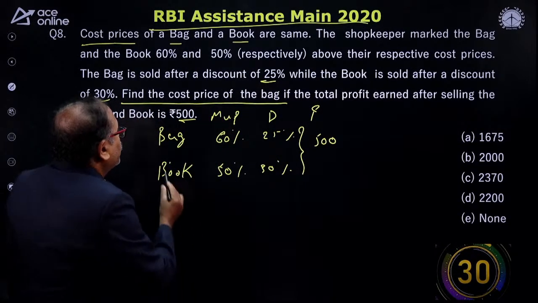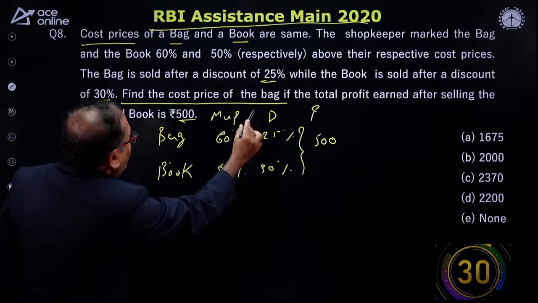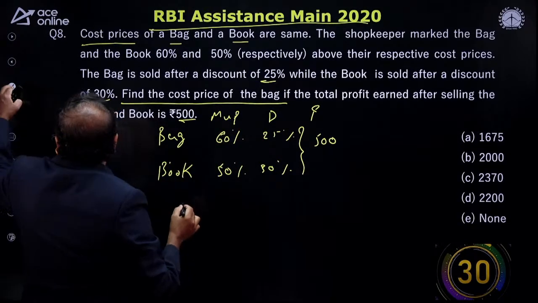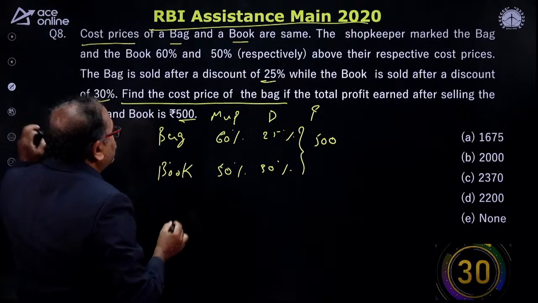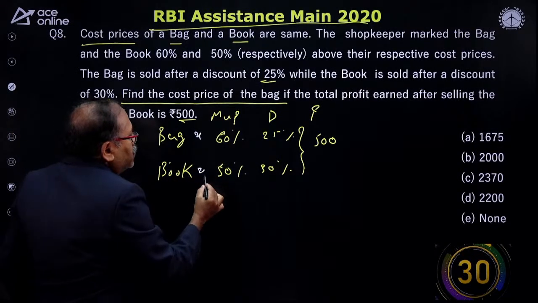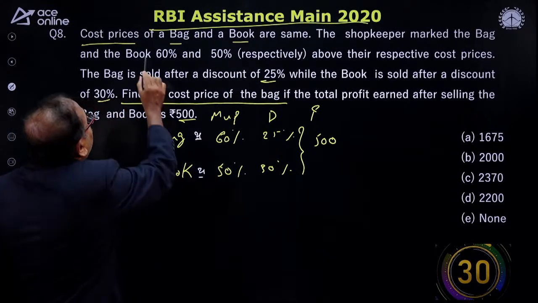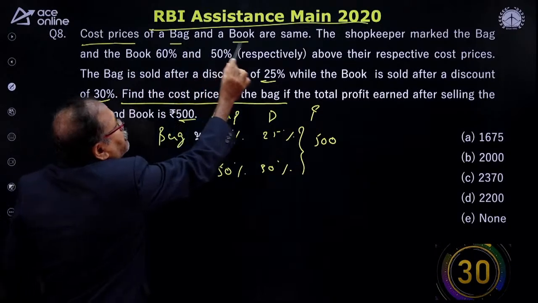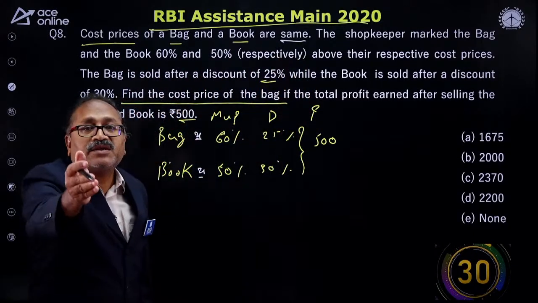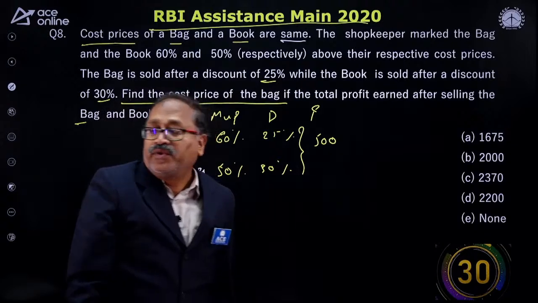So let's assume the cost price of the bag and the book are the same, X. If this is 100, this is 100, because the cost price of the bag and book is the same. Your 30 seconds starts now.